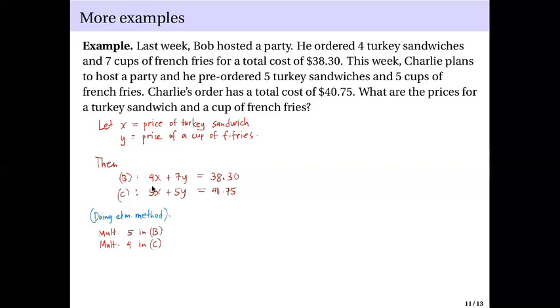So what will happen? When we multiply 5 in equation B, we get 5 times 4x, that's 20x, 5 times 7y, so plus 35y, equals 5 times 38.30, that's 191.50.